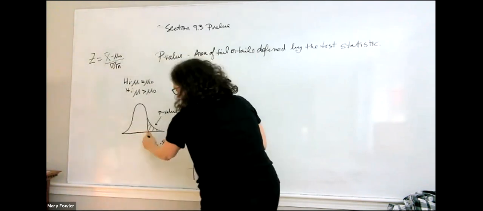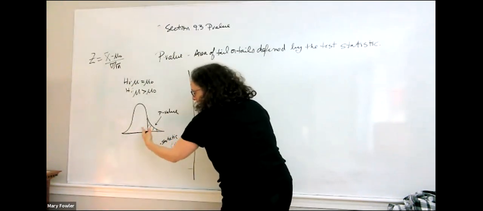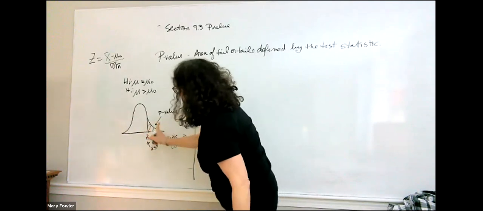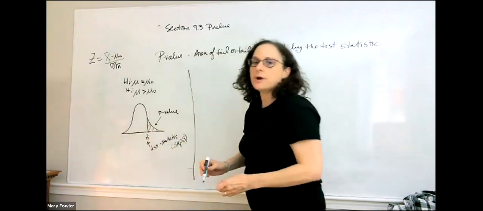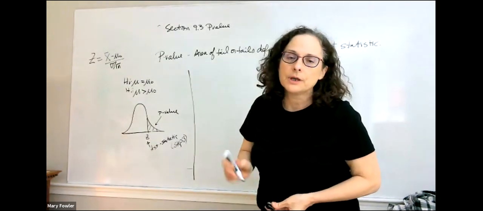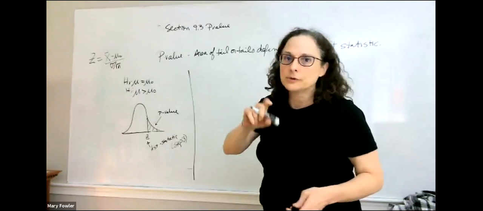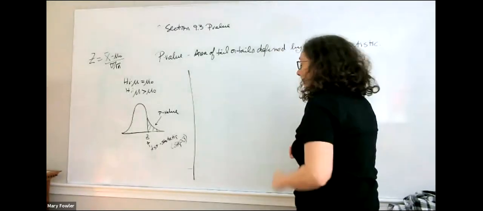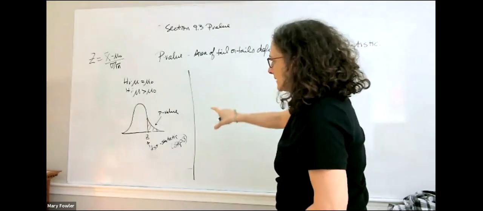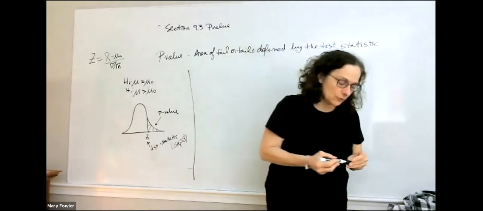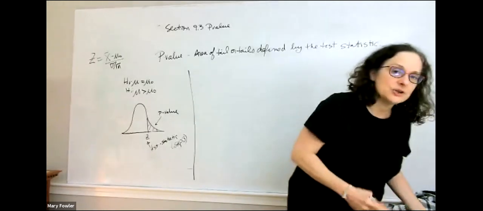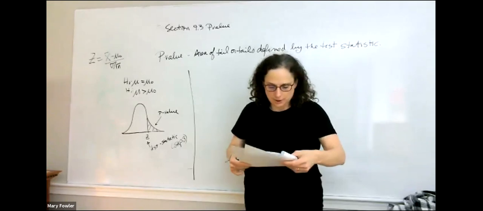And then wherever that is, we're just going to calculate the probability to the right, or the area to the right. So 1 minus the direct lookup from the standard normal table. That's what the p-value is, but I just wanted to also give you an interpretation of what it means.